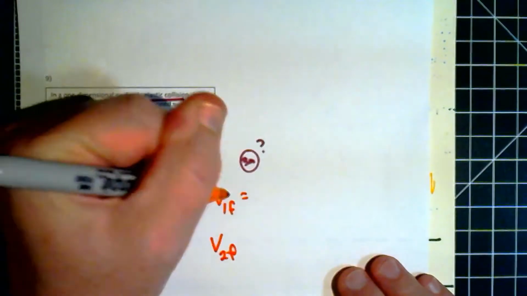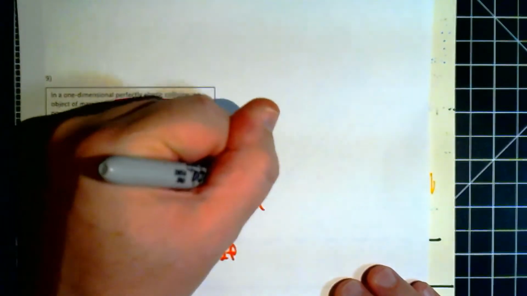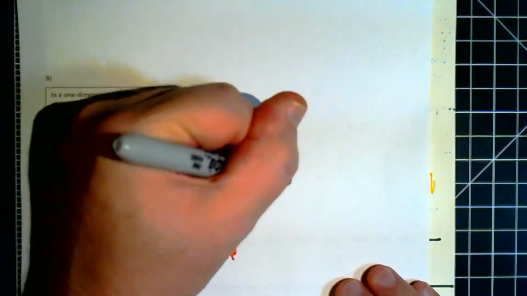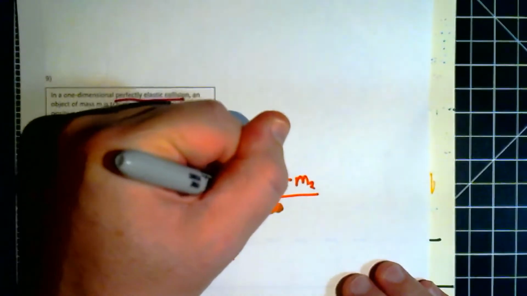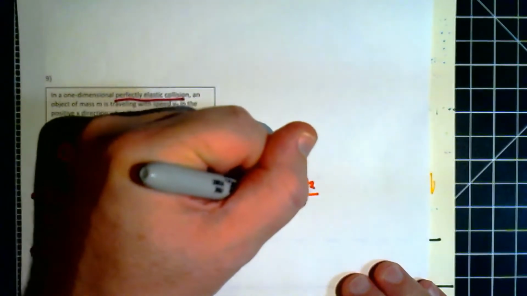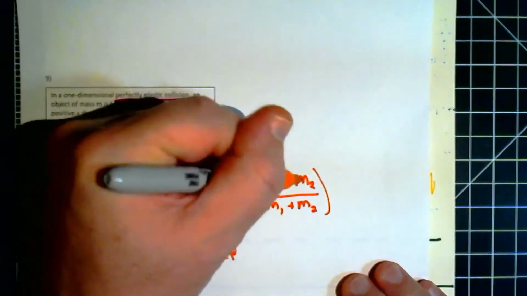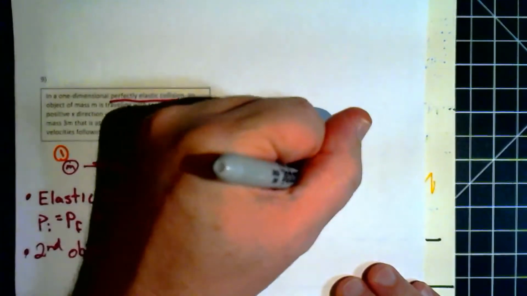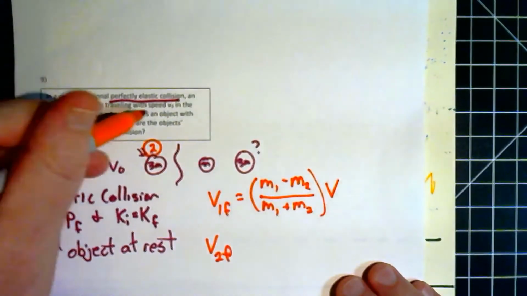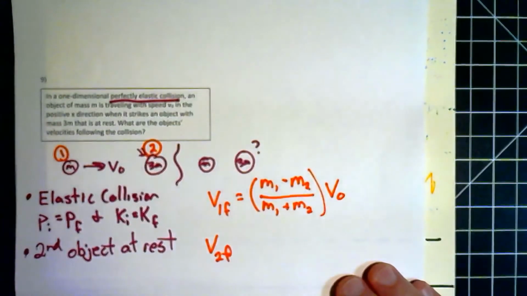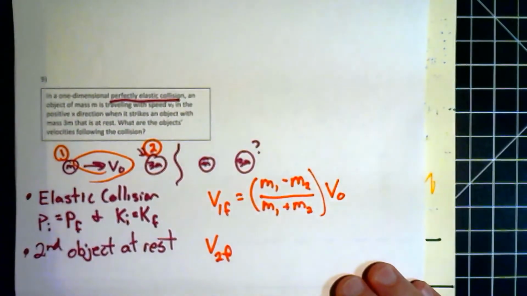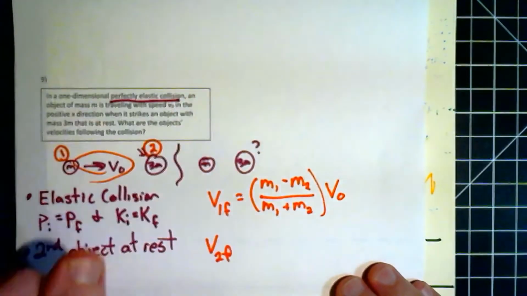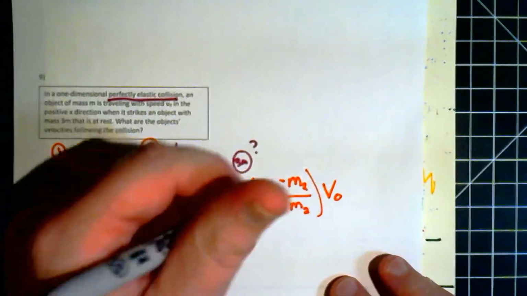V1 final is going to be the mass of object number 1 minus the mass of object number 2, divided by the sum of the masses. So it's the difference between 1 and 2 divided by the sum, times the initial velocity of that first object, V0. That's this guy right here, V0. And so that'll tell you how fast that first object's moving after the collision.